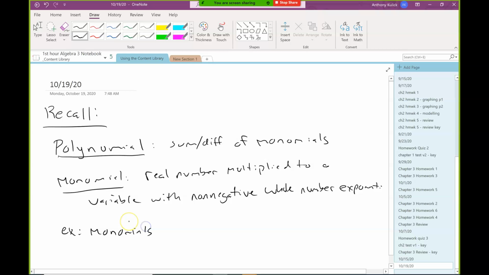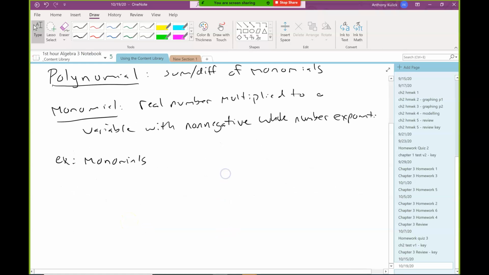Some examples of things that were monomials and were not monomials. So, for example, 3x squared is a monomial, but 5x to the negative 1 is not. The reason it's not is because the exponent is not non-negative.